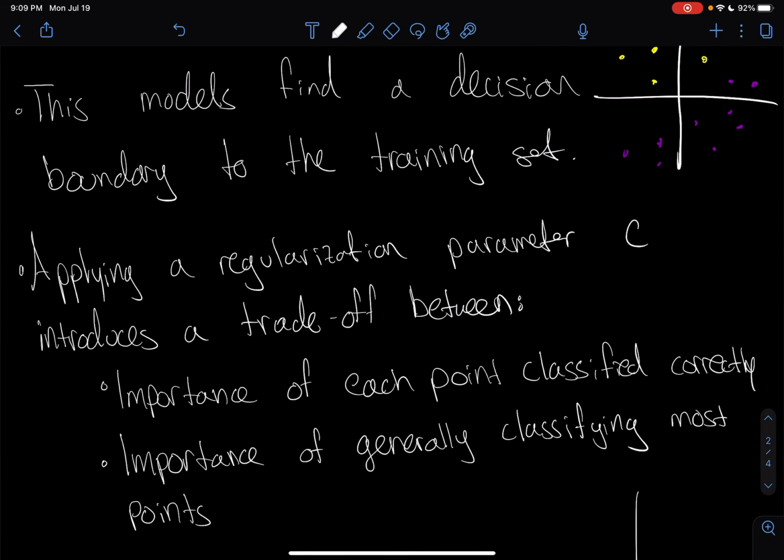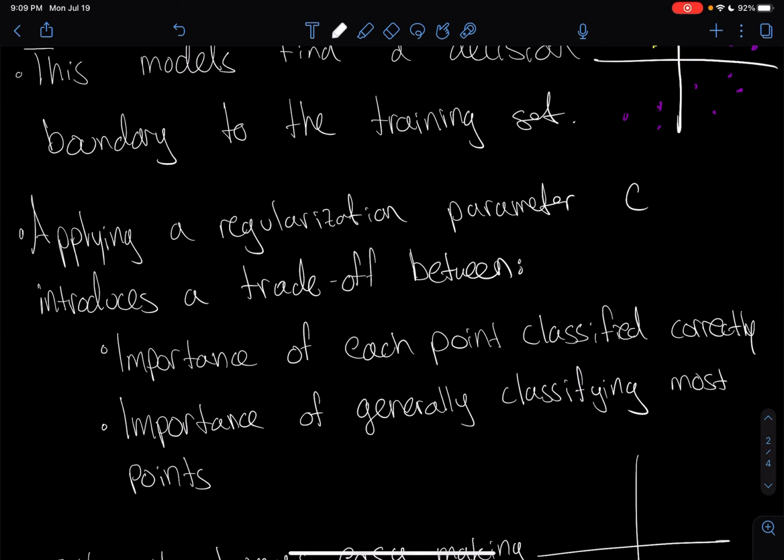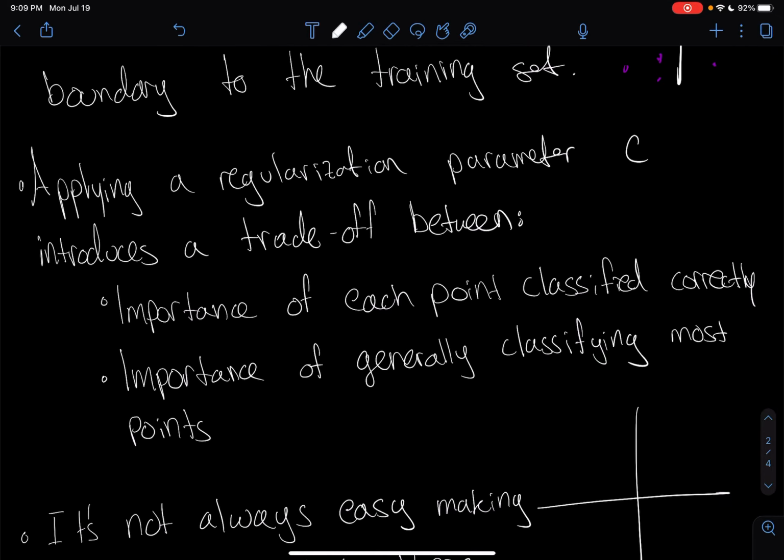Okay, these classification models have this regularization parameter. We call it C, in the same way that our linear regression models used a regularization term called alpha. C is just the term that's used in these types. The equation changes a little bit, but just know that you're going to be modifying this parameter C as a means of regularization on the model.